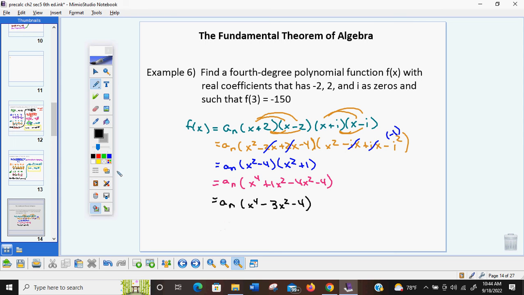Now, what we want to do is use their hint. They told us up here when x is 3, y is -150. So remember, f of x and y are the same thing. I'm going to start a new slide because I don't think I have enough room to squeeze this on here.